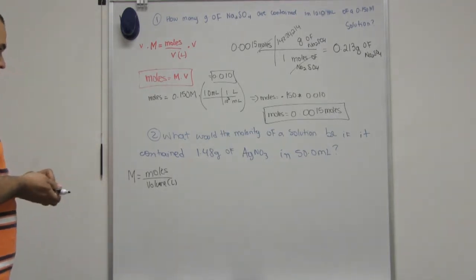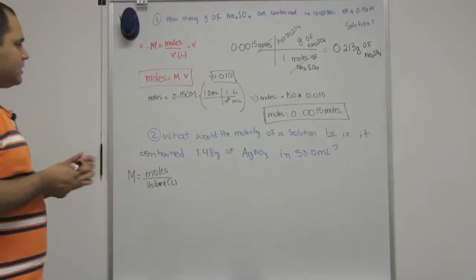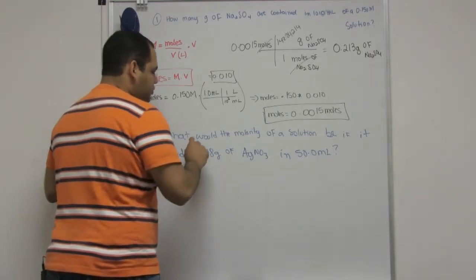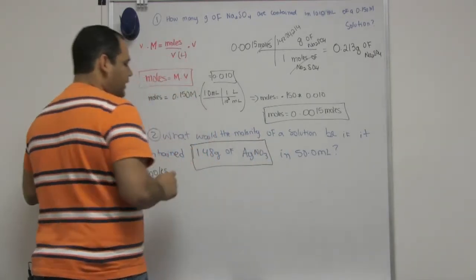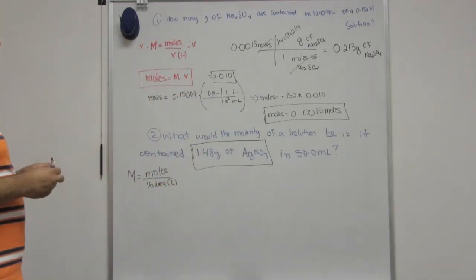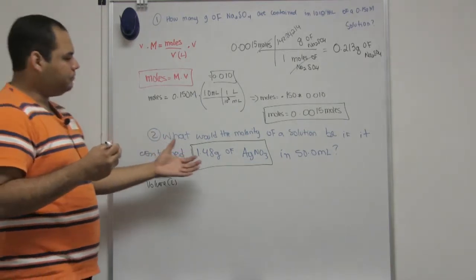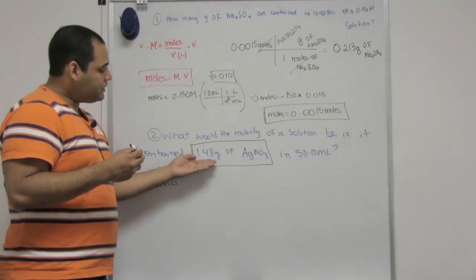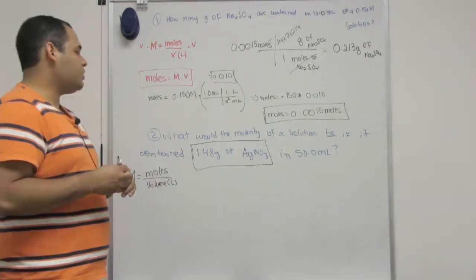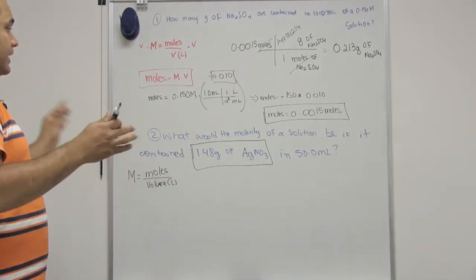I have grams here of silver nitrate. The first question is, can I find the moles associated with that particular mass? Yes, I can.